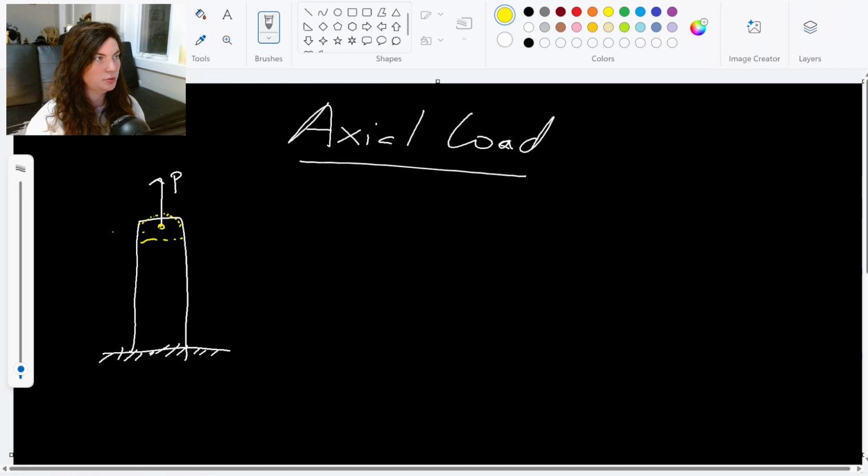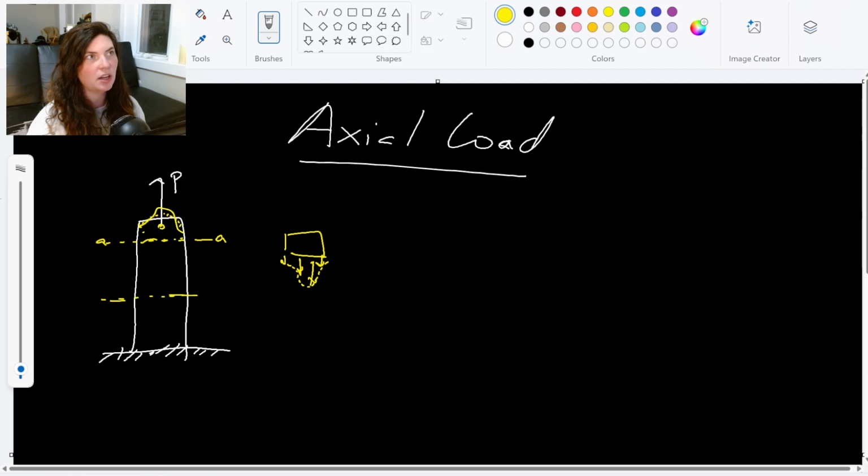If I were to take a section through here, call that AA, and look at just this one little section of the beam, I'm going to get this kind of variable stress. This variable stress is occurring because of the load. It's not going to be perfect because it's deforming a little bit more around the load than it is somewhere farther away from the load.